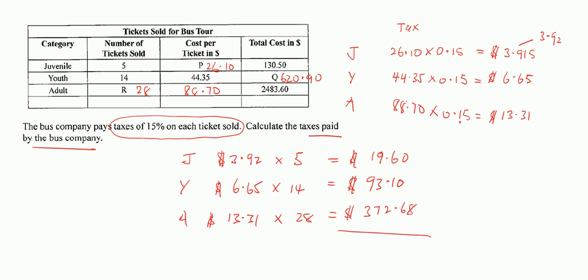So the total amount of taxes that the bus company will have to pay will be 19.60 plus 93.10 plus 372.68, equal to $485.38. Okay, so that is question 1.